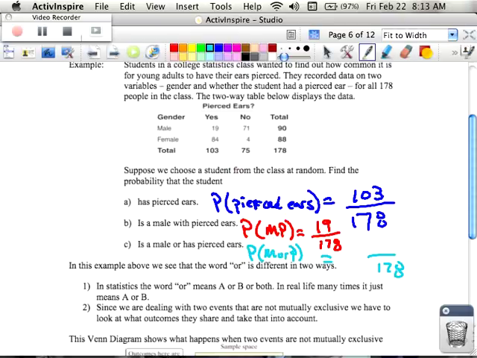But if I add those two things together, that gives me 193. So I don't want that. I want all the males, and then all the females that were pierced. So I add those two up together, and that's a total of 174. So be careful that you don't overlap with something that you already have recorded.